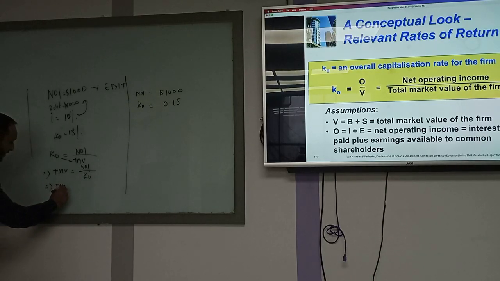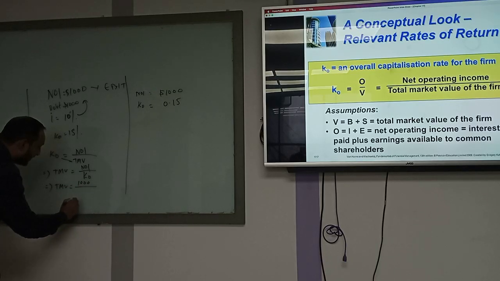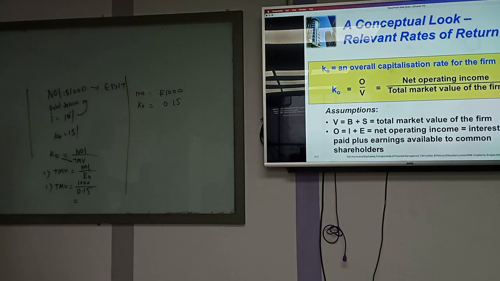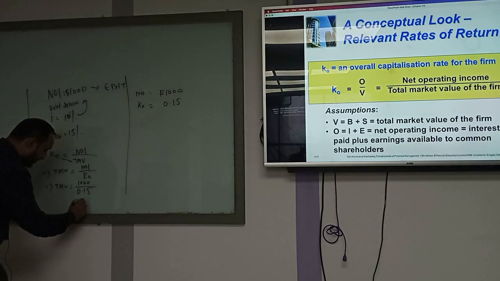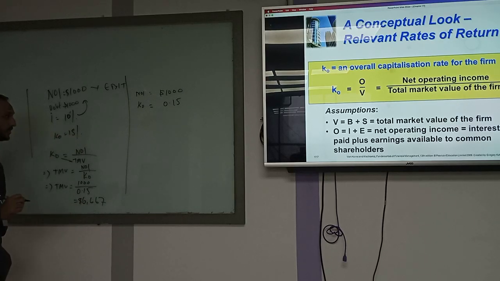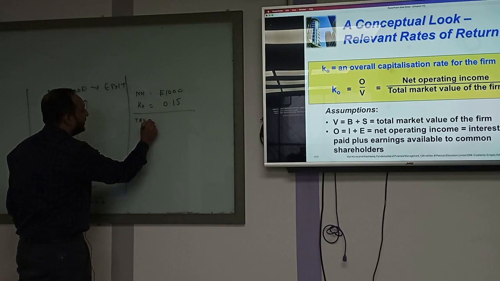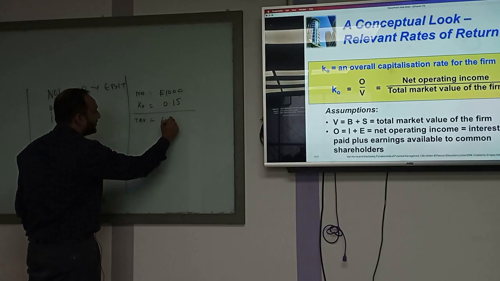So total market value is 1,000 divided by 0.15. What is the value? It should be 6,667. So the total market value is $6,667.